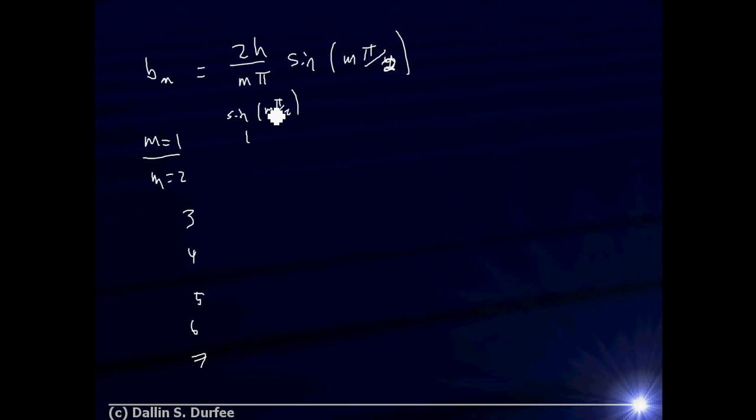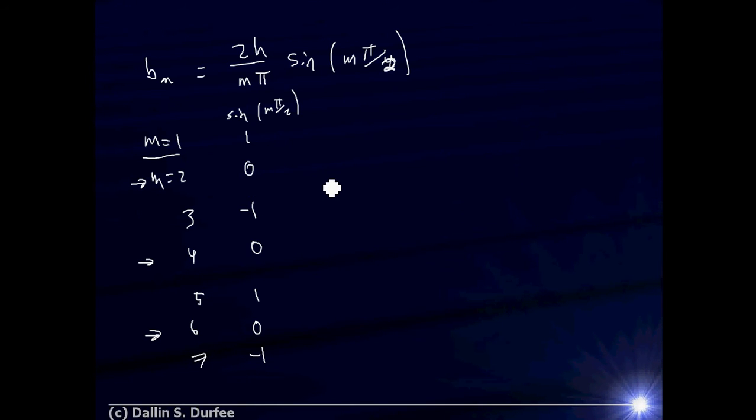If m is equal to 2, that's sine of pi, which is 0. If m is equal to 3, sine of 3 pi halves is negative 1. For 4, we get 0. For 5, we get 1. For 6, we get 0. For 7, we get minus 1. So basically b sub m is 0 for every even value of m, and for odd values, it alternates between 1 and minus 1.